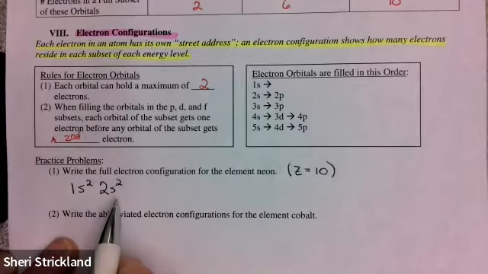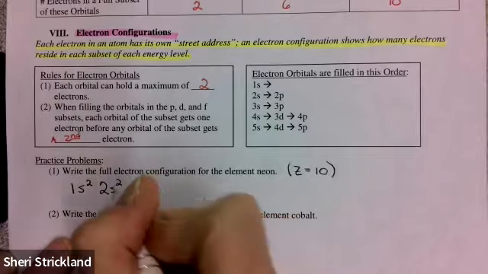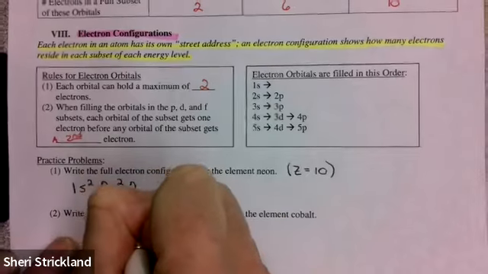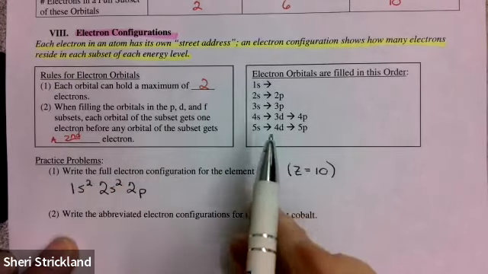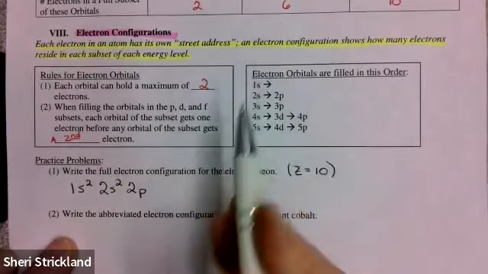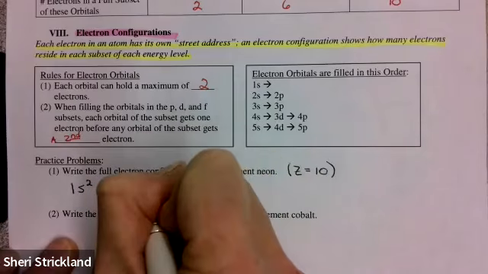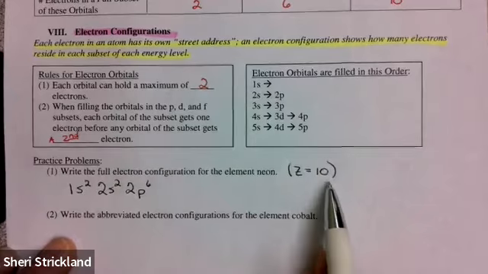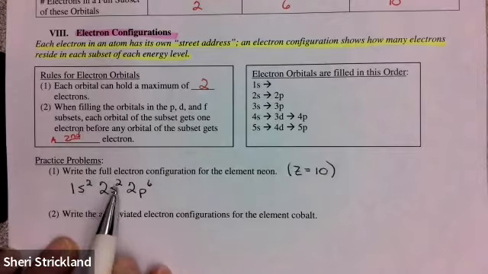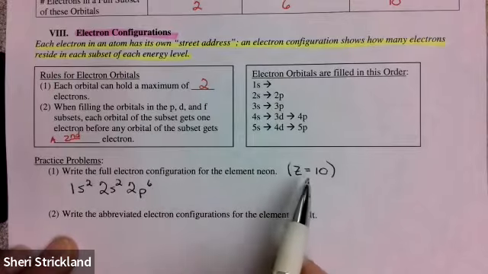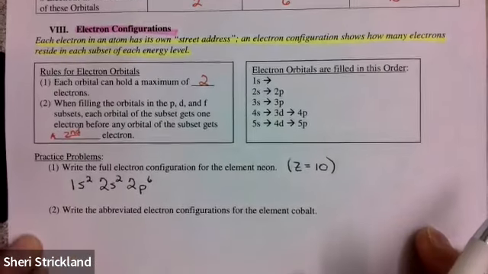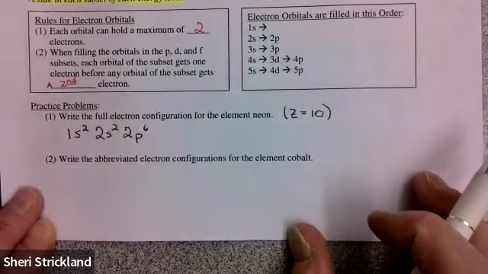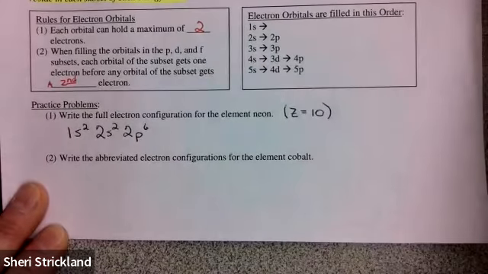A total of 4 have been accounted for out of the 10. Now in the 2p, we can put 6 electrons. So the last 6, 5 through 10, go right there. And I know that I've done the correct number of electrons because when I add 2 plus 2 plus 6, it equals 10.